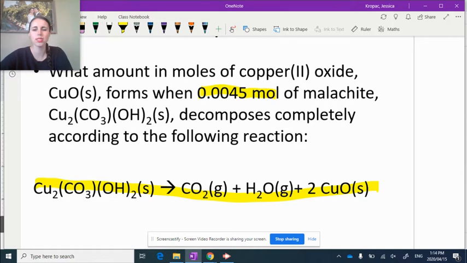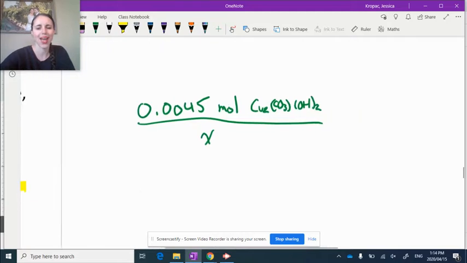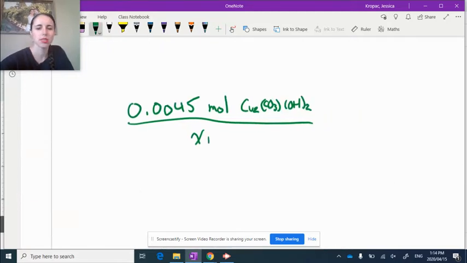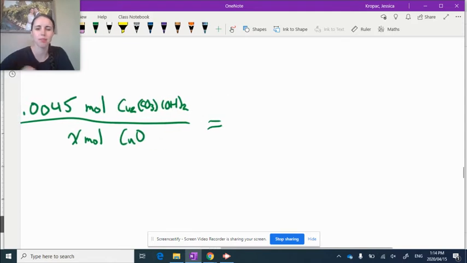What amount of moles of copper oxide, CuO, forms with malachite? So I'm looking for X moles of copper oxide. That means I only have to look at Cu2CO3(OH)2 and CuO. I don't have to look at anything else in my balanced chemical equation. So I want to make sure that I keep my molecules the same and consistent.